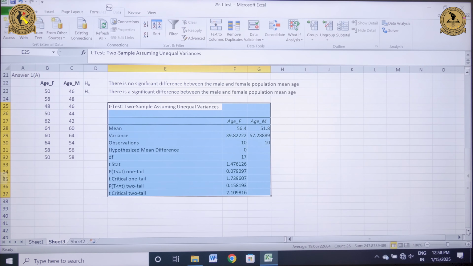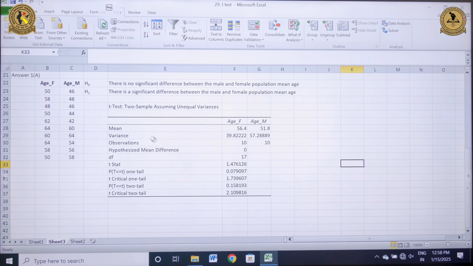Now this is the output of the two-sample t-test assuming unequal variances. Now let's understand this output data one by one. So the mean of the female population is 56.4, while the mean age of the male population is 51.8.